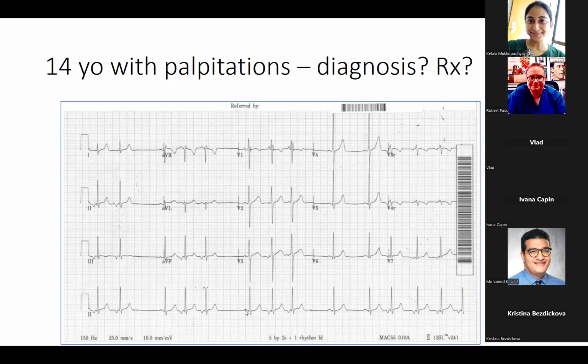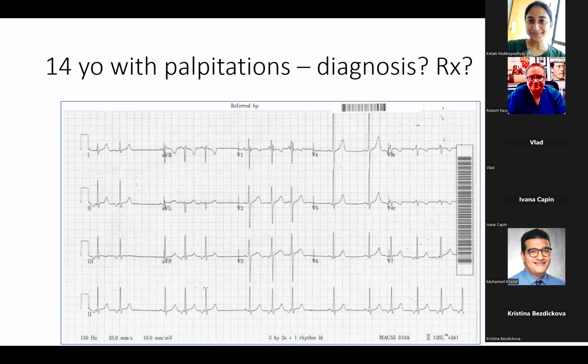Then we have another sinus beat, a sinus escape beat. Then we have 2 beats that are different. Then we have a sinus beat. Actually, 2 sinus beats in a row, followed by 4 of these. So what will we call these little beats here? Premature atrial contractions. Yeah, I mean it's some kind of an ectopic atrial focus of some sort, right?